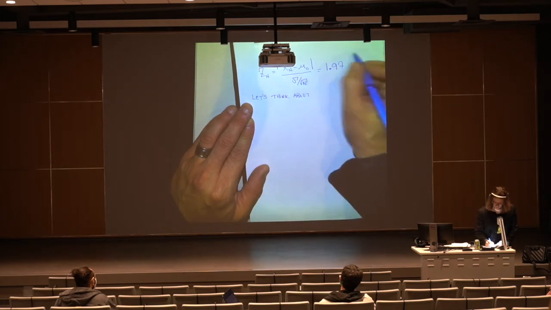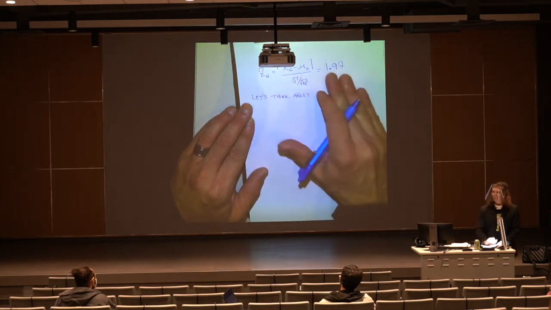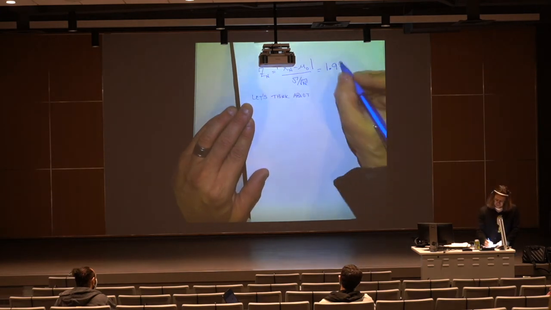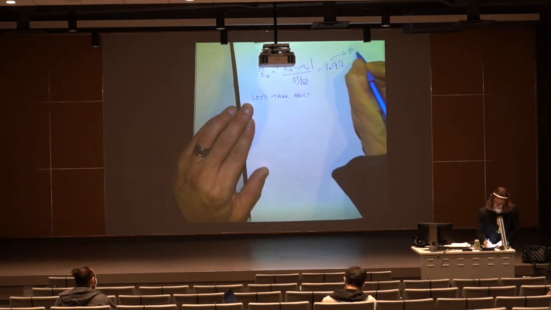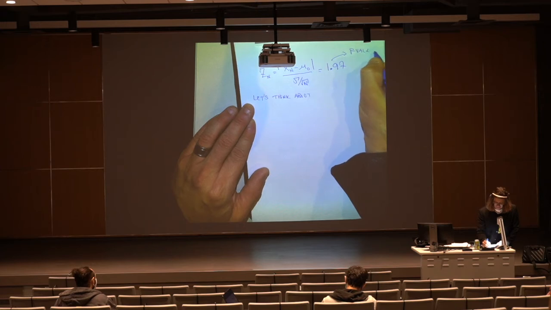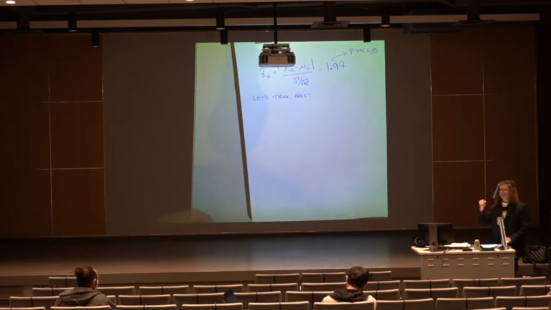So this corresponds to some p-value that's marginally smaller than 0.05. So the p-value is going to be less than 0.05. And everybody's like, yes, publication time.